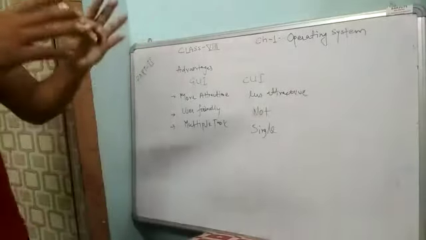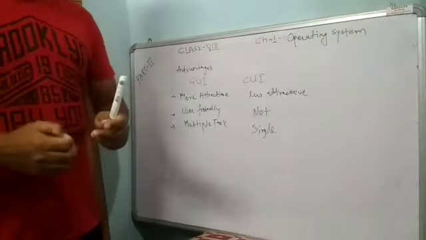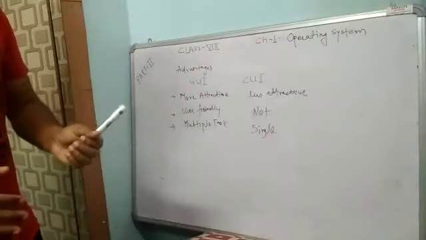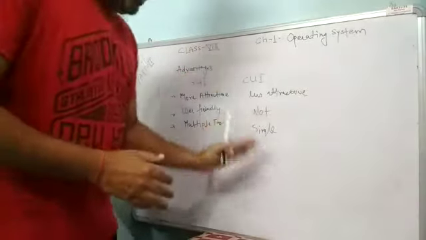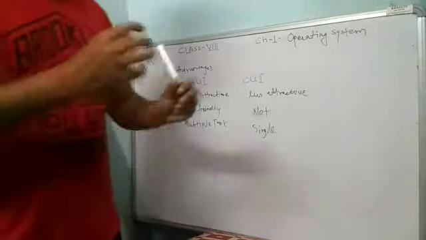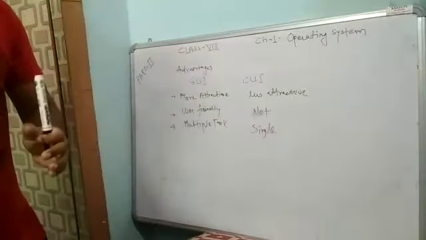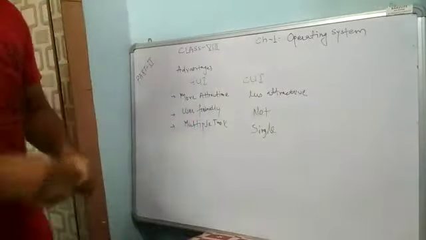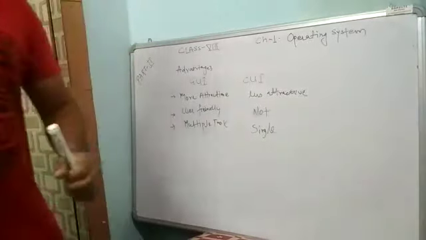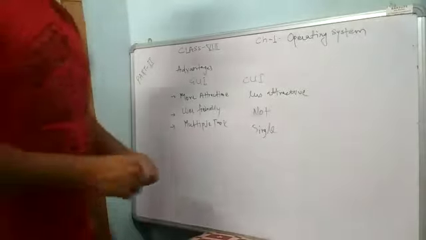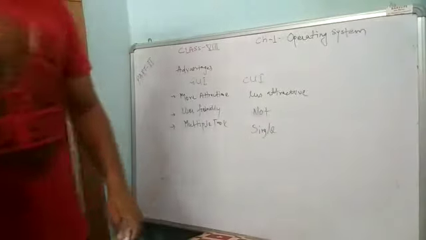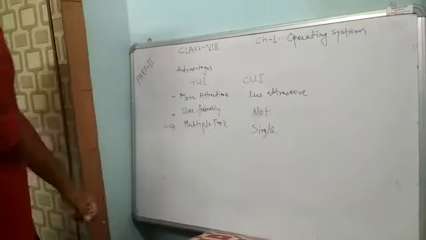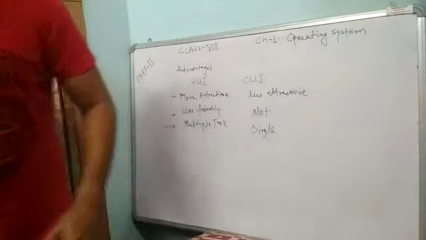So you can perform multiple tasks at the same time with any GUI operating system. But CUI is not a graphical user interface, so you cannot perform multiple tasks at a time. With any character user interface operating system, you can perform only a single task at a time. So this is the major advantage of GUI over CUI.